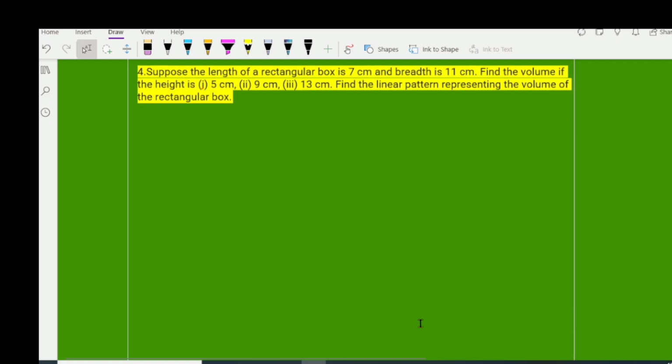Suppose length of the rectangular box is 7 centimeter. Breadth is 11 centimeter. Find the volume. Rectangular box means it is in the shape of a cuboid.